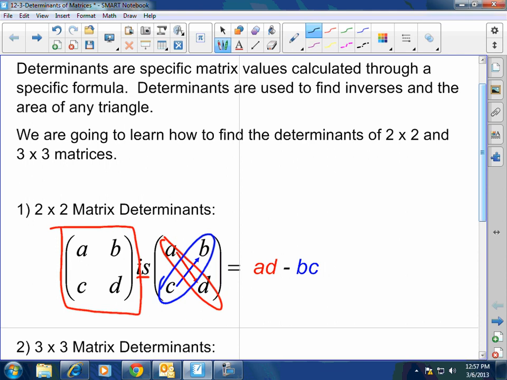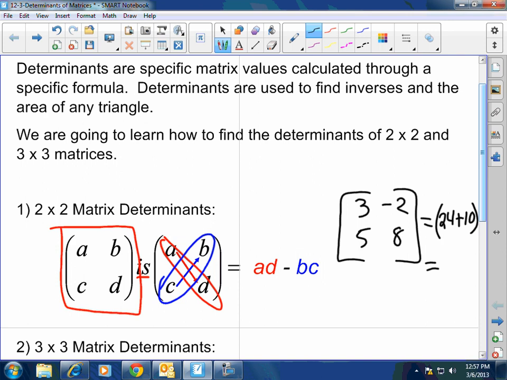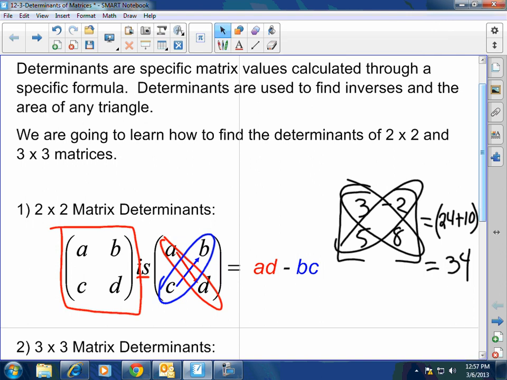So for example, if I say find the determinant of 3, 5, negative 2, 8. The determinant here is going to be 24 minus a negative 10, so plus 10. That would equal 34. It's these two guys minus the product of these two guys. Literally, that's it. Okay? That's easy enough, right?